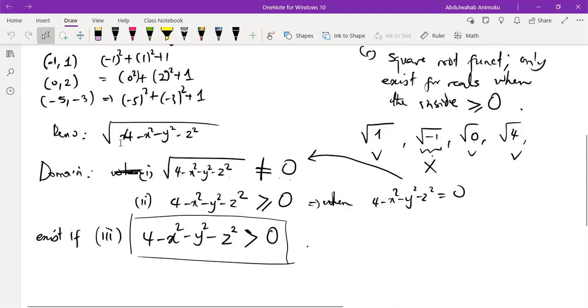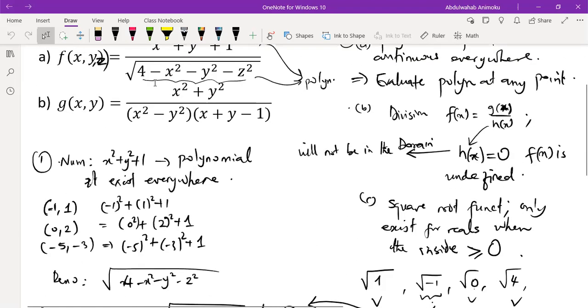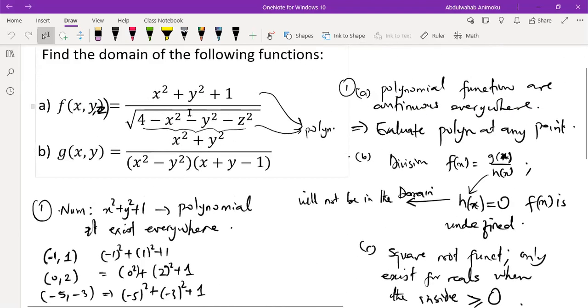And then on top of that, we also have a square root there, which tells us that for us to be able to evaluate this square root, the inside of the square root must be greater than or equal to 0. So the domain will exist whenever the inside of this is greater than 0. If it is equal to 0, those points will not be part of the domain, right?